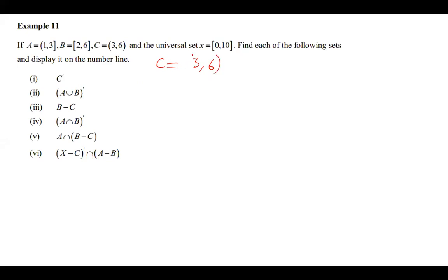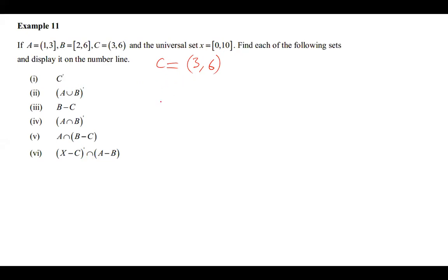So if our C is (3,6), it means that our C complement will simply be the numbers that are not in C but are present in the universal set. The universal set starts from 0 up to 10.